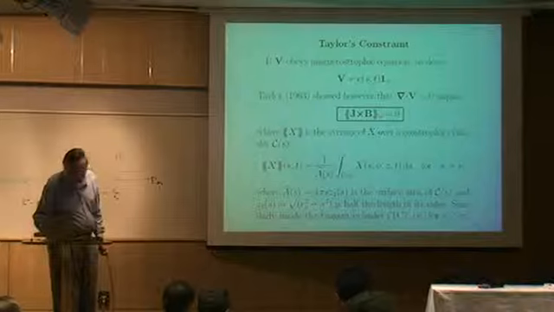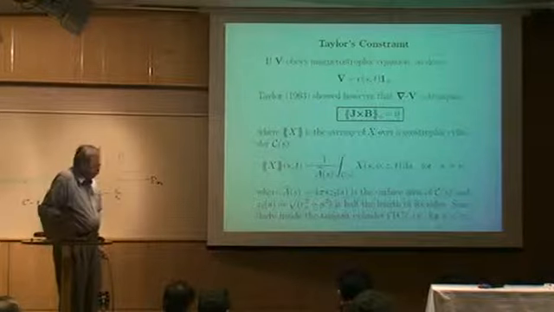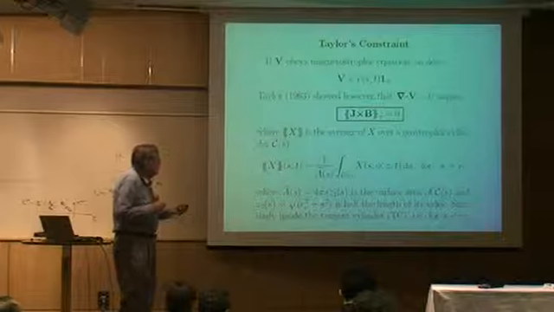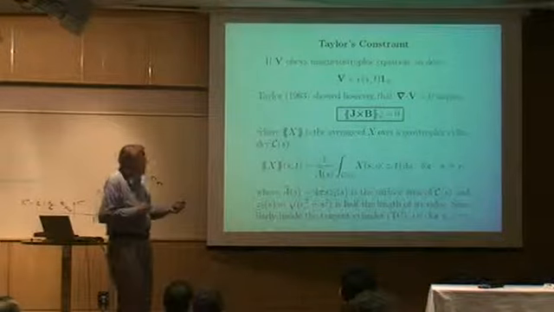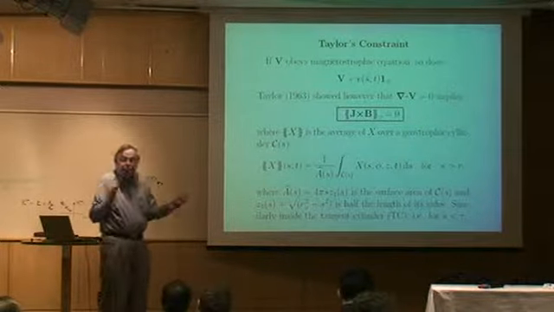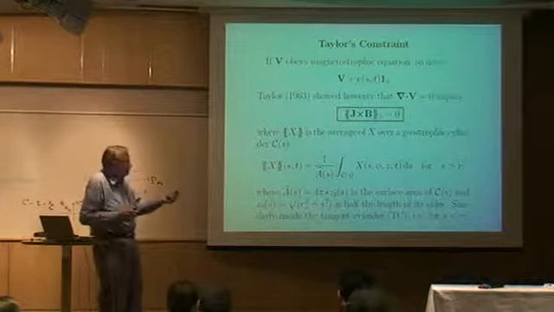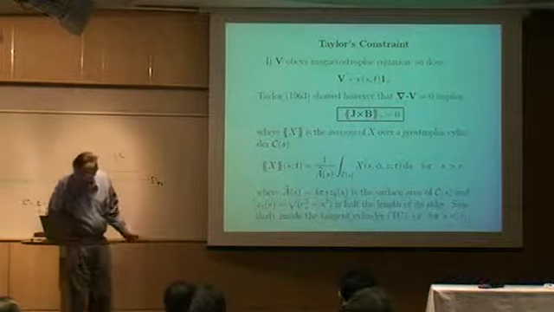What are the consequences? Well, J.B. Taylor noticed that this is, first of all, restrictive. If you say to yourself, I'll put in a field which satisfies this, it's very hard to find a field which satisfies this condition, actually.